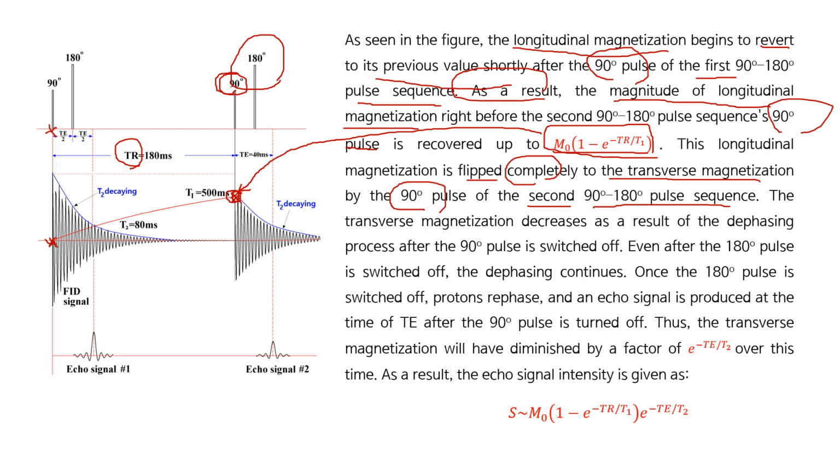The transverse magnetization decreases as a result of the dephasing process after the 90 pulse is switched off. So transverse magnetization is decreasing here right after this 90-degree pulse is shut off, due to T2 relaxation.